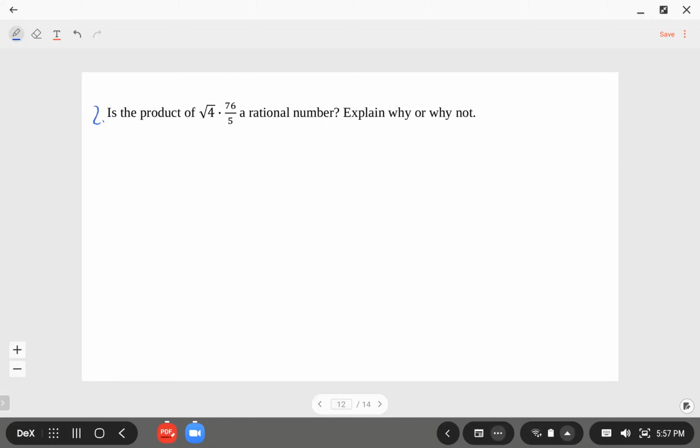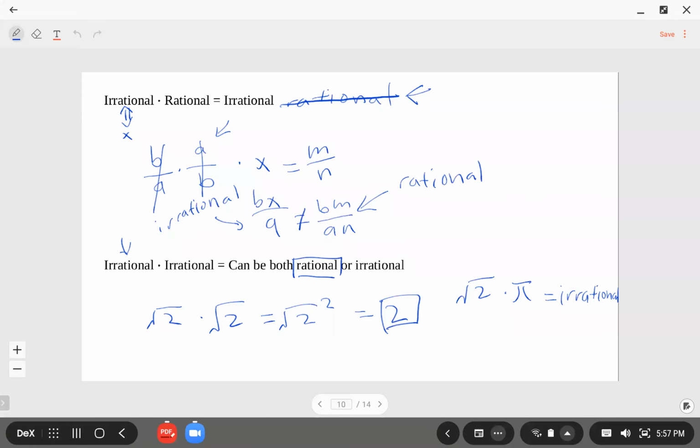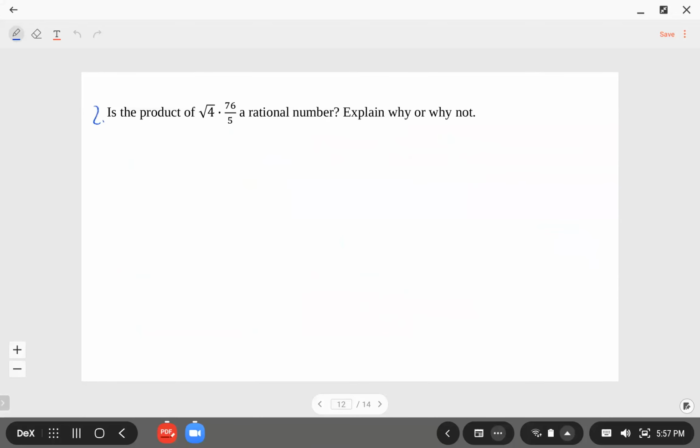Using the rules that I taught here, is the product of square root of 4 times 76 over 5 a rational number? Please explain why or why not, and put your answer in the chat.